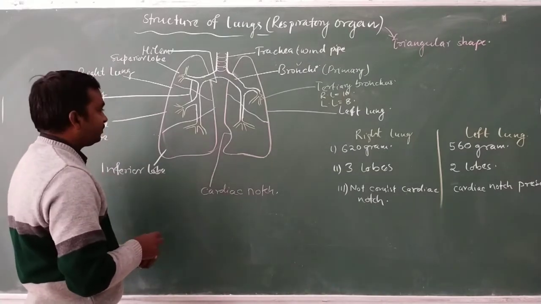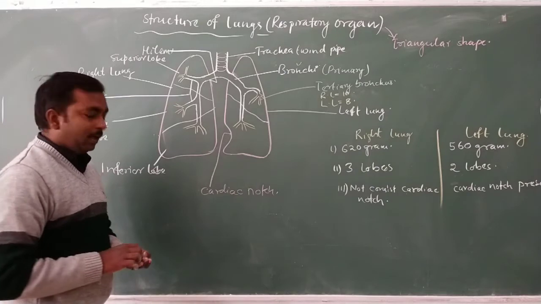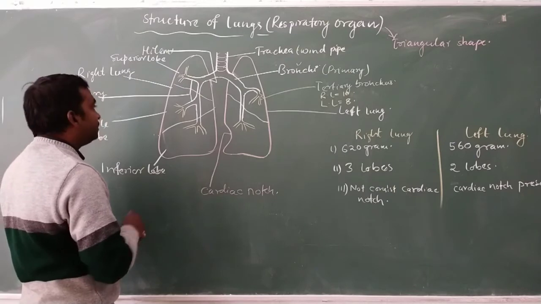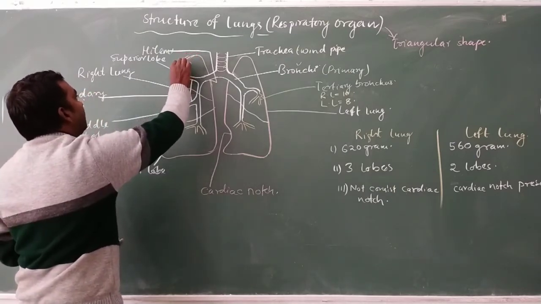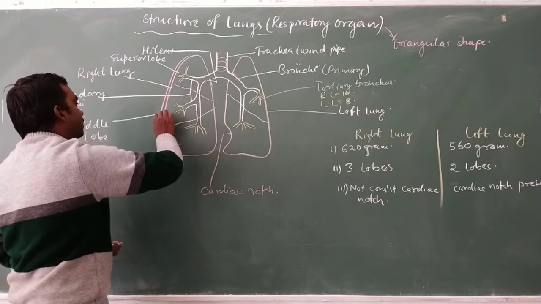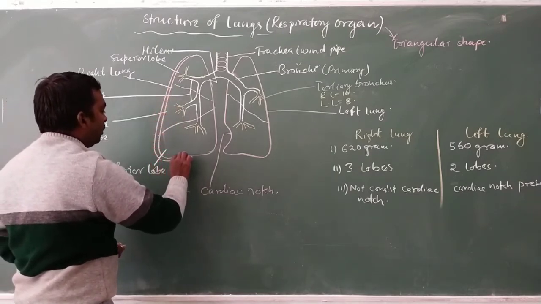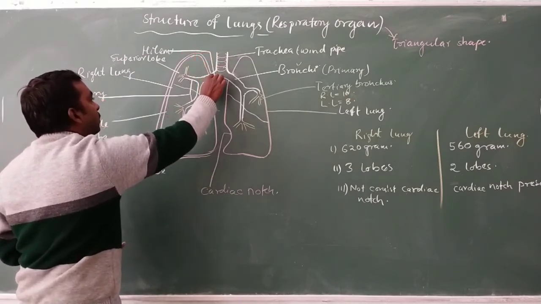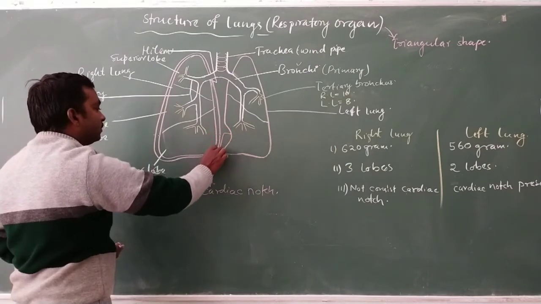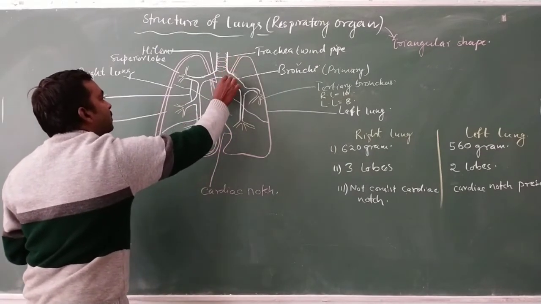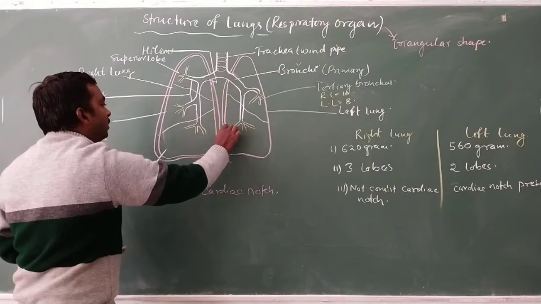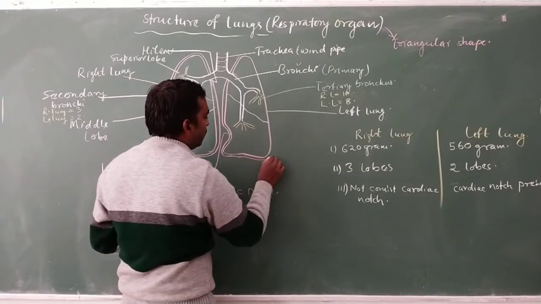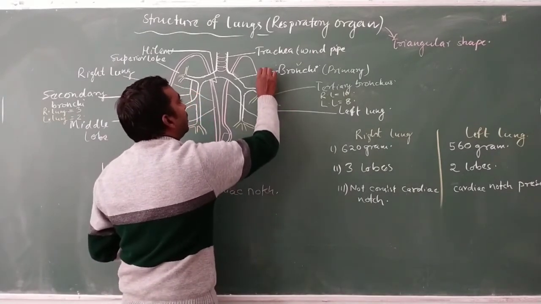So these are the overall structure of the lung. The lung is covered by two membranes through which it remains protected, an outer membrane and an inner membrane.